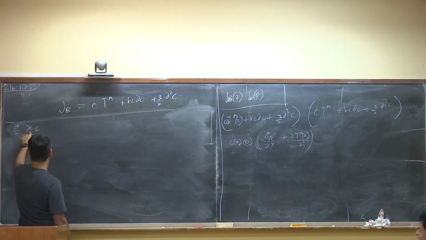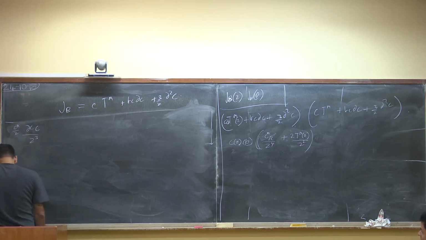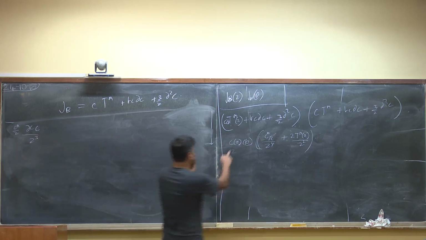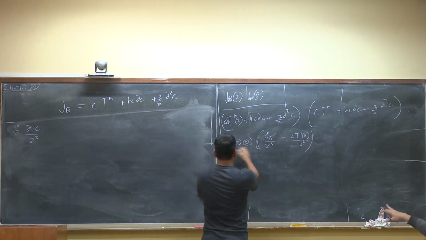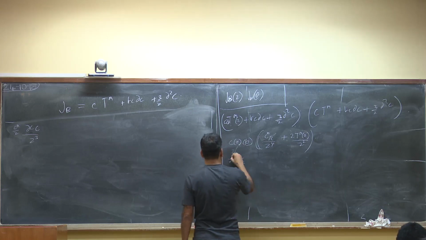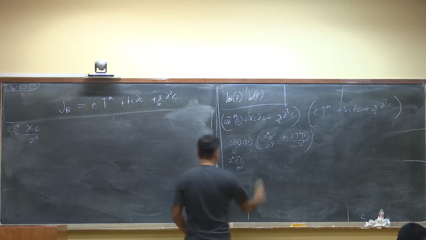So why don't we just take this whole thing and Taylor expand it? So this is ∂^m c over Z to the power m, ∂^m c over m factorial.